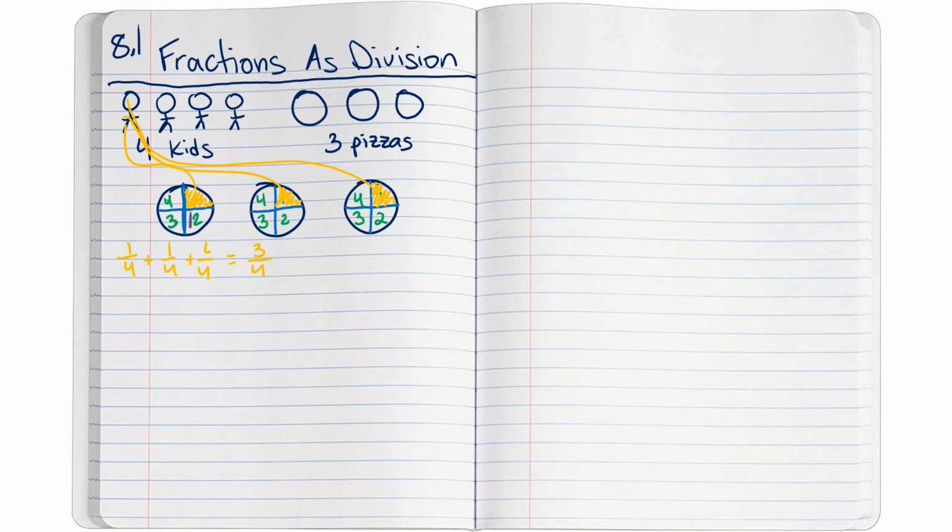I can give this piece out of the pizza to the second kid, and it'd be the same situation. And then I could give this piece to kid number 3, and this piece to kid number 4.